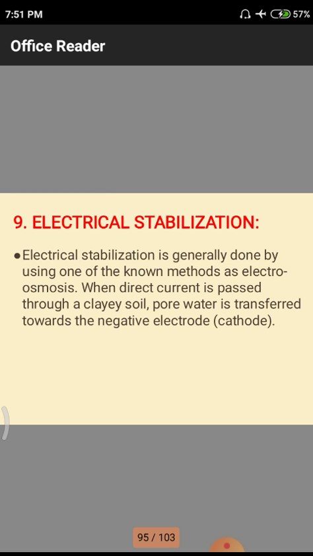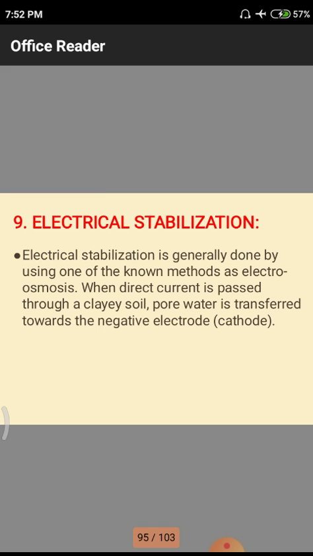Here the current is passed through the clayey soil, and pore water is transferred towards the negative electrode or cathode. Normally current has two poles, positive and negative, technically termed as anode and cathode.